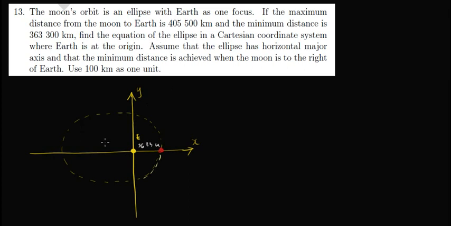Therefore, from this point up to this point, it's the farthest, is 4,055. So from here up to here is 4,055 units.